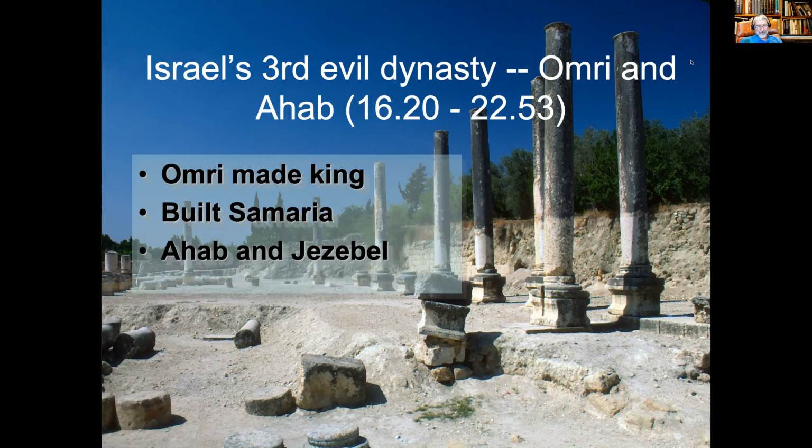Instead of being satisfied with golden calf temples, Ahab set up high places for Baal. Now, Baal in the Semitic languages is a word that means the Lord or the Master. Baal was one of the chief gods of the Canaanites.